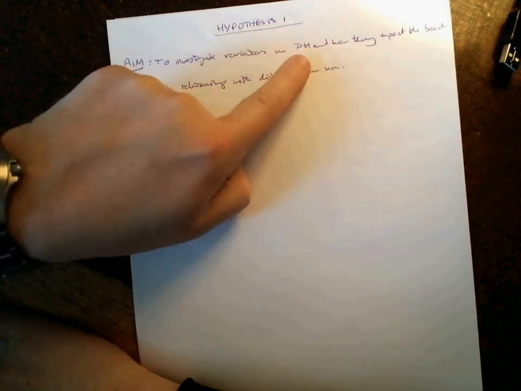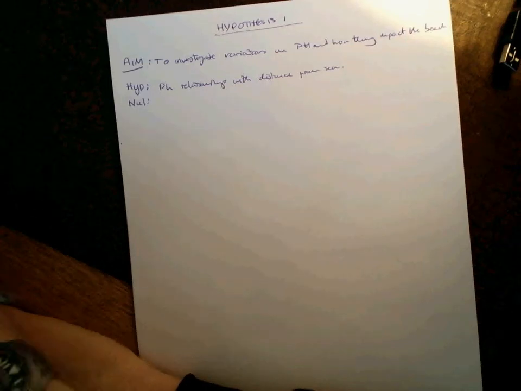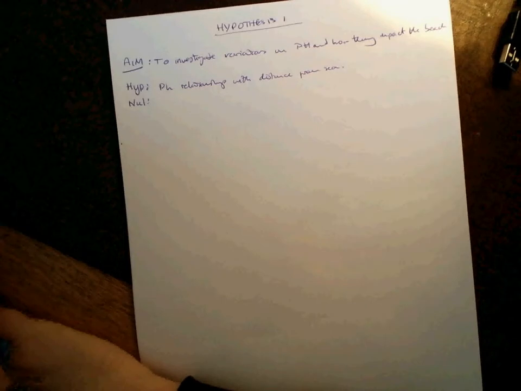To investigate variations in shell numbers across the beach. To investigate variations in soil moisture. If you're a soil person, it's the same. You're going to look at how something changes along your transect.